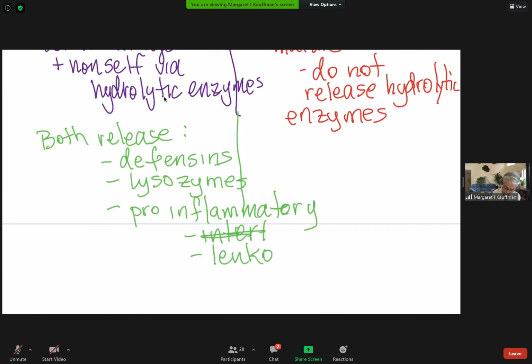I'm saying one thing and spelling something else. So whenever you see an S at the end, that means there's more than one type of them. We're not worrying about it. We're going to lump them all together. See the word leuko here, like white blood cell? These are causing inflammation.